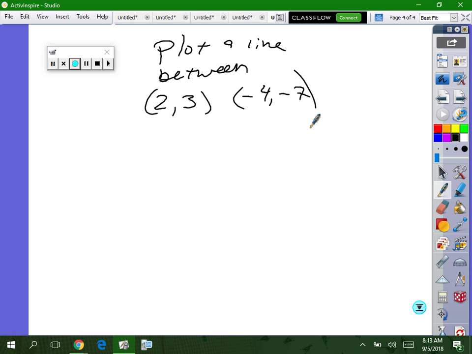And not all slopes are going to be nice numbers. Sometimes they might be fractions, right? Fractions are part of what it is. You got to learn how to work with them. So we're going to plot the point, and then we're going to write the equation.